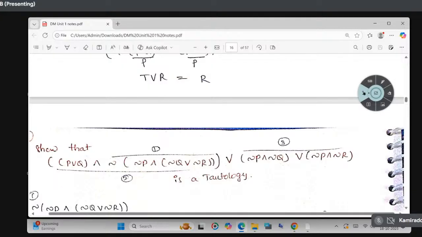Distributive or De Morgan, sir? Check distributive or De Morgan's.